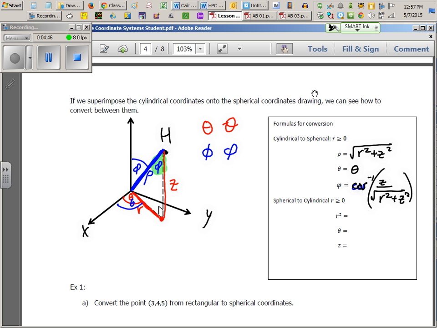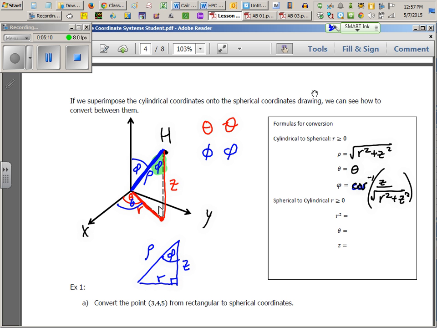Okay, if you want to go from spherical to cylindrical, then you're supposed to use the blues to write the reds. So how would you write r? Just looking at your triangle there, I'm going to draw it from the side. This distance is r, this distance is z, this distance is rho, this angle is phi.